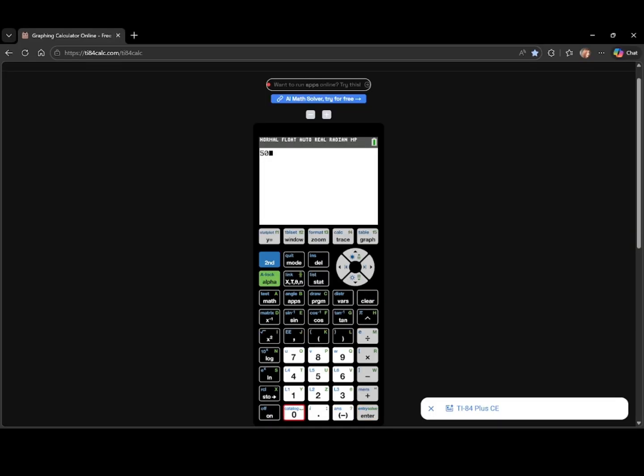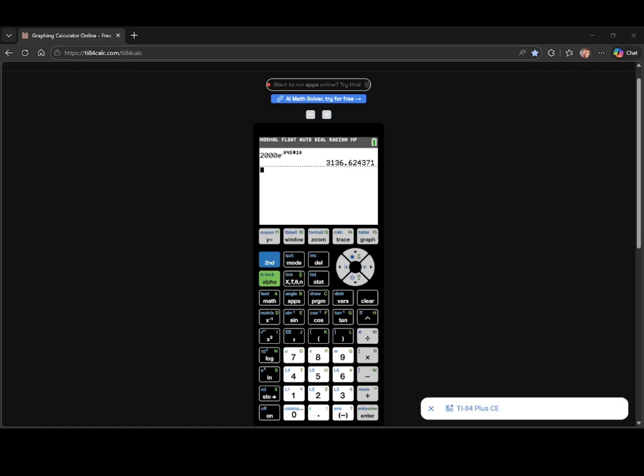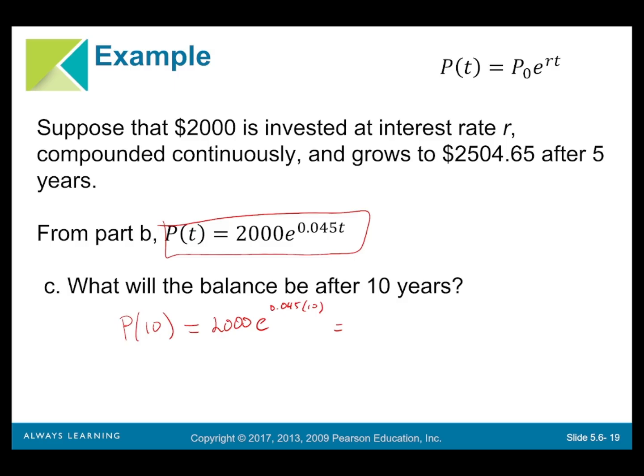So that is 2,000 e to the 0.045 times 10, which is 3,136.62. So after 10 years, our account has grown from 2,000 to over 3,000. Pretty nice interest, if you ask me.